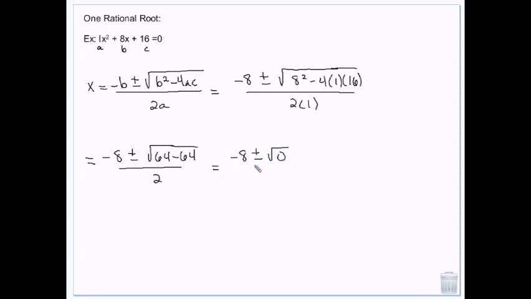Well, 64 minus 64 is 0. So I get -8 plus or minus 0. Well, that's just silly. That's just -8. So I get one answer. So if you have a 0 under the radical, this gives you one answer.